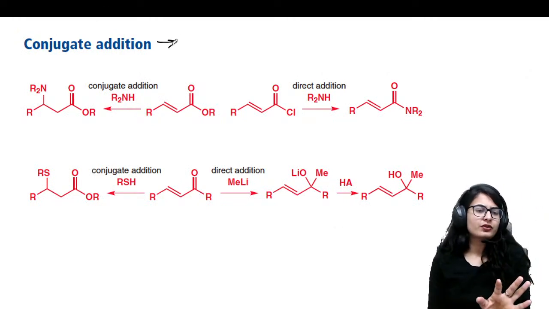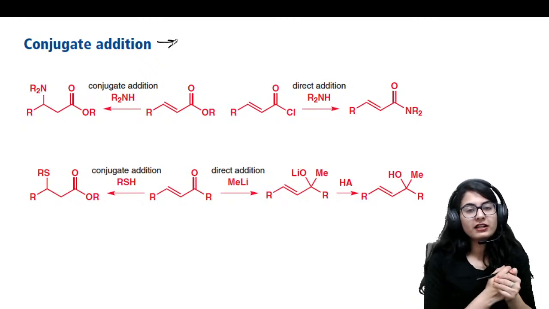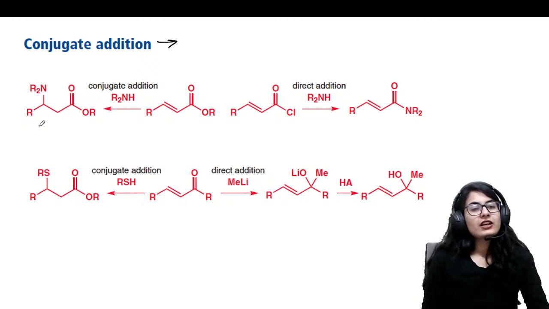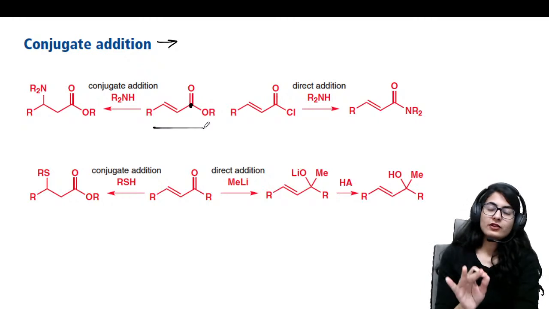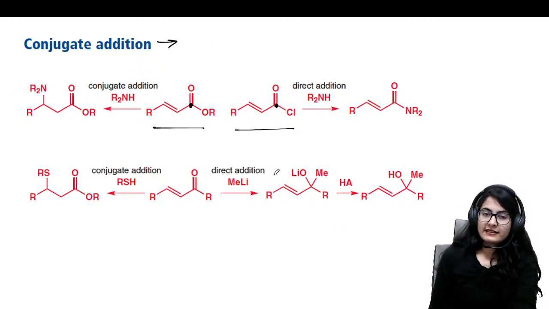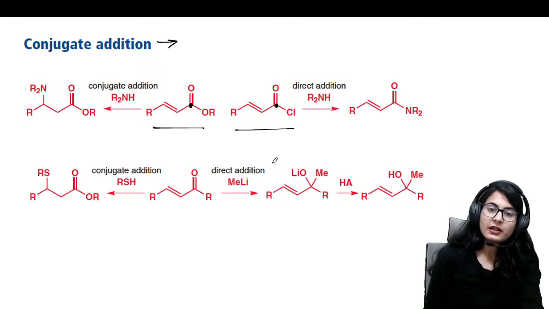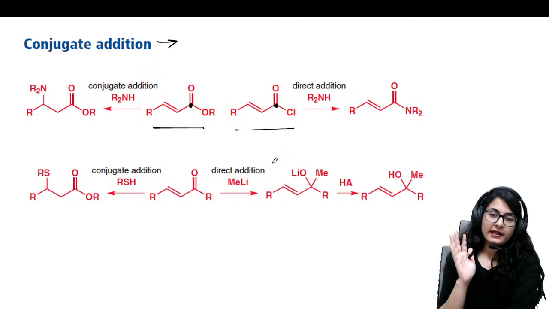ये हमने पहले कर चुके हैं already, क्योंकि हम conjugate addition का पूरा session हमने देखा था. So what were the factors? Factors were कि let's say I am starting with the alpha beta unsaturated ester and I'm starting with the alpha beta unsaturated acyl system. Who is going to give the direct and the conjugate addition? ये हमने पढ़ा था पहले भी.